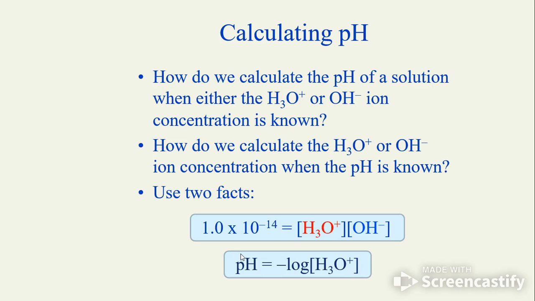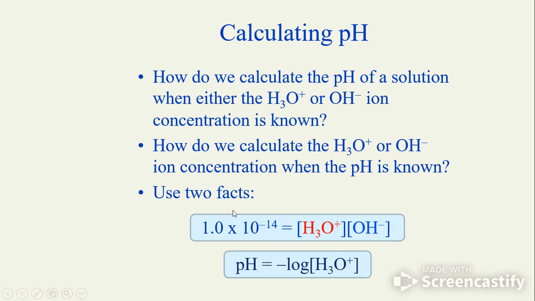So, calculating pH. We can calculate pH of a solution if we know the hydroxide or hydronium ion concentration of the solution, or we can calculate the hydronium ion concentration or hydroxide ion concentration if we know the pH of the solution.